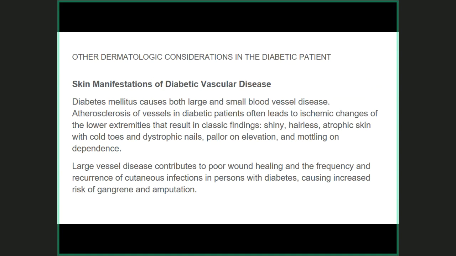Usually this poor blood supply leads to wound healing issues and recurrent cutaneous infections, and increases the risk of gangrene and amputation. So if you have a gentleman who has hair only up to the calf and decreased hair further down, you want to be looking for vascular issues.